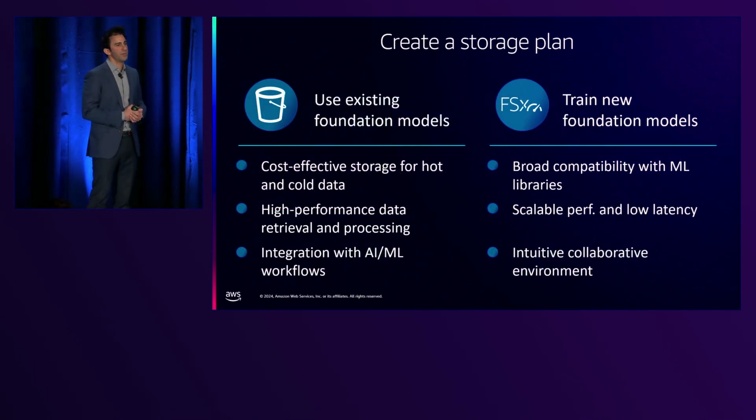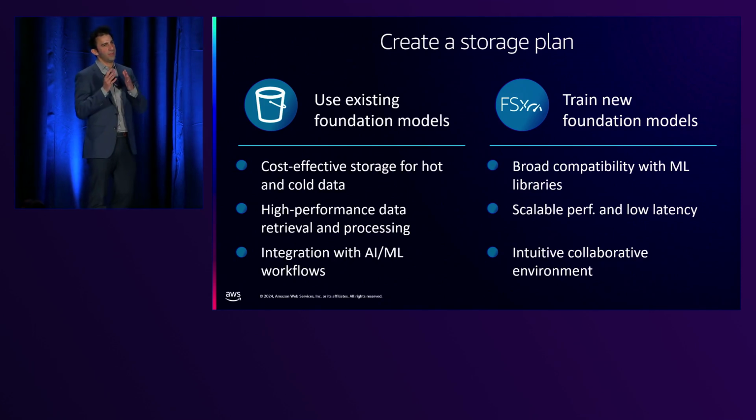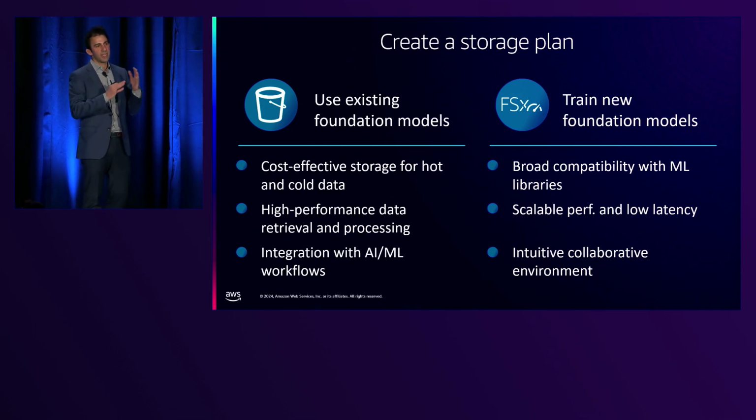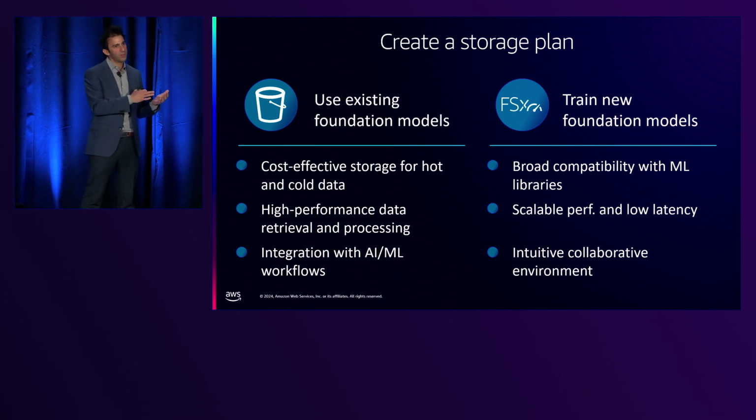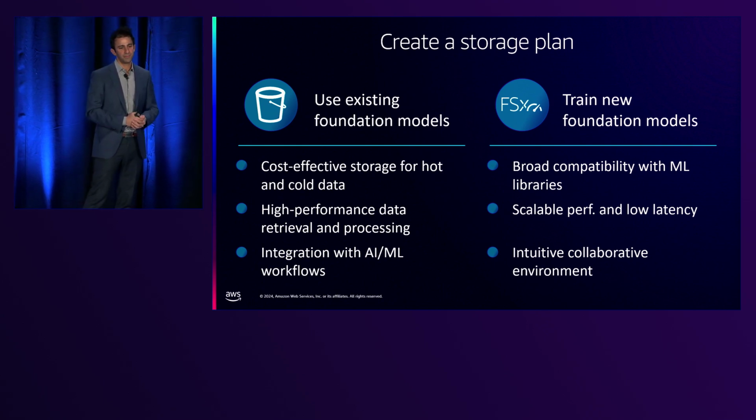And then finally, we talked about creating a storage plan and how if you're going to be building on an existing foundation model, Amazon S3 gives you the cost-effective storage for both hot and cold data sets, how you might want to use some of the millisecond or tens of millisecond range S3 storage classes for RAG-based workloads, but how you can take advantage of the full spectrum of storage classes if you're going to be training and then moving that data into a colder tier.